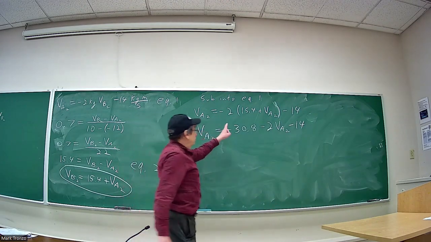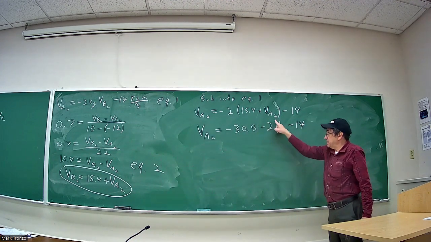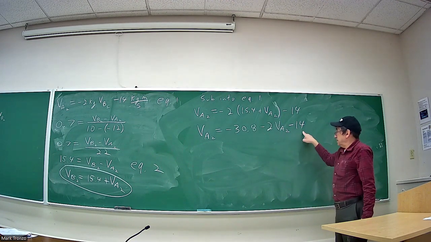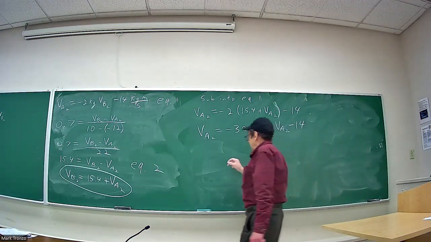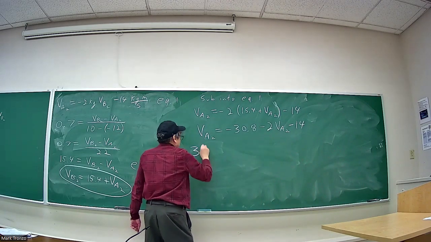So again, after we substituted and multiplied this out, we get this minus this. Then we can bring this to the left.